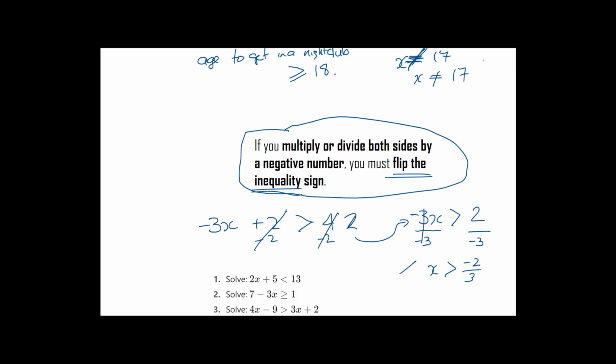No, that would be wrong. We need to flip the inequality. It would need to flip from being is greater than to being is less than. Right, that needs to flip.